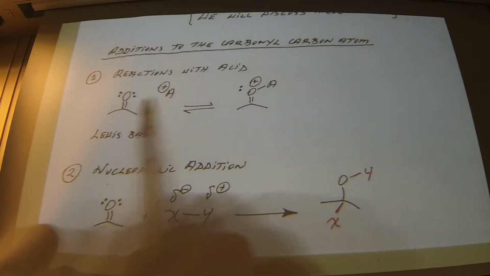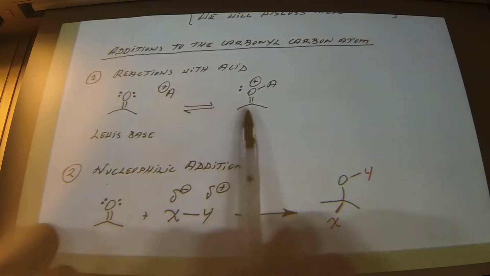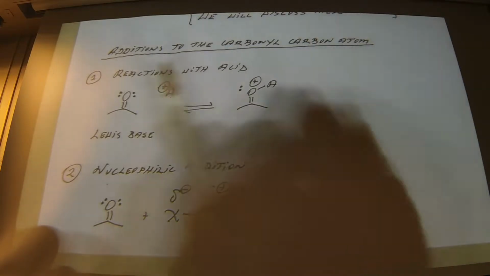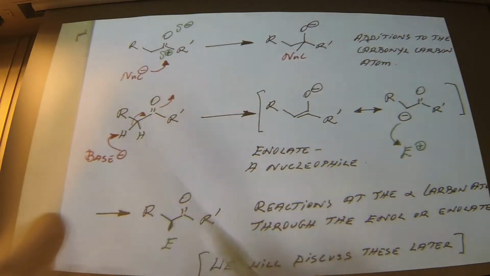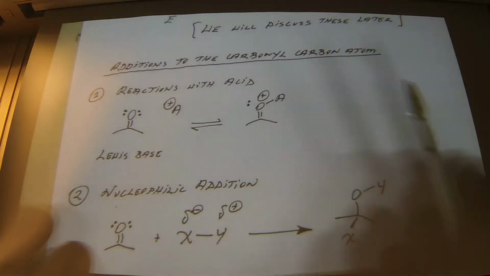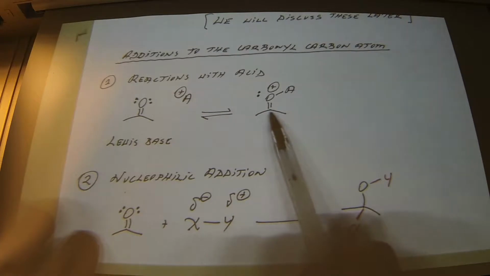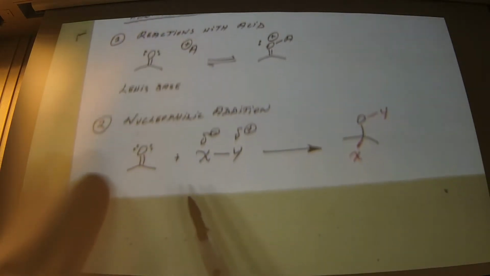In other words, once I transfer that acid, be it a proton or a Lewis acid, now if I write the resonance structures for this species, it's not the same situation. Here, the resonance structure is a cation where I'm pointing. And so that indicates that it's going to be an even more reactive electrophile than before. And so this is one reaction that we're going to see.